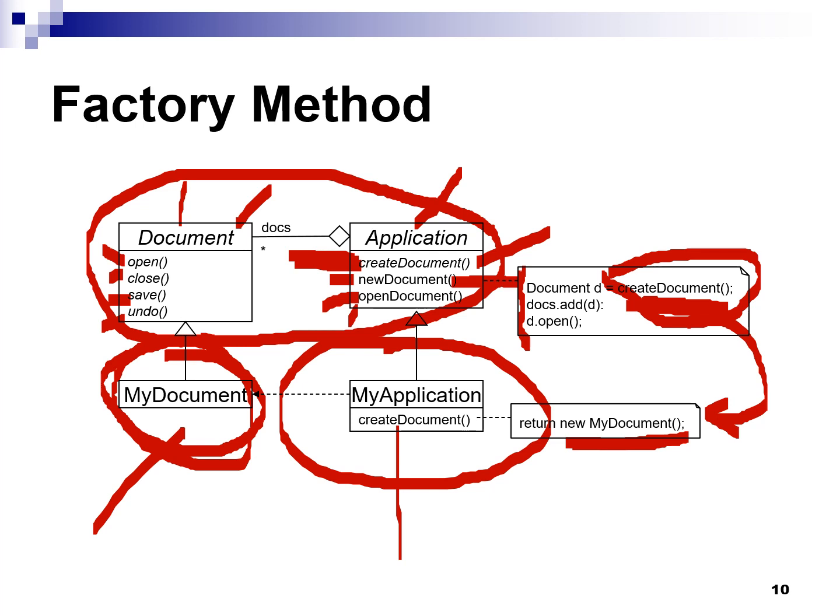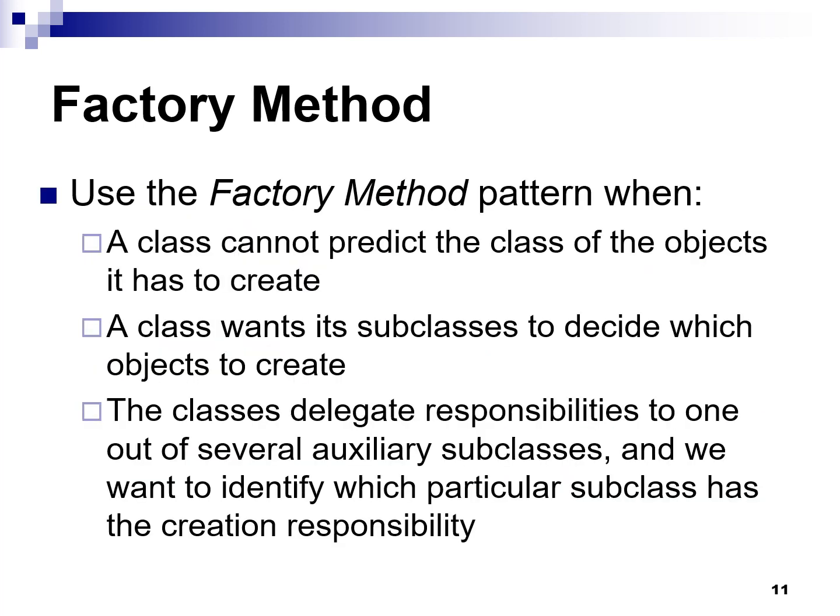This is another design pattern. But the idea is that this createDocument here is a factory method. It's a method that needs to be overridden here, and the code that is overriding will create a new type of document.